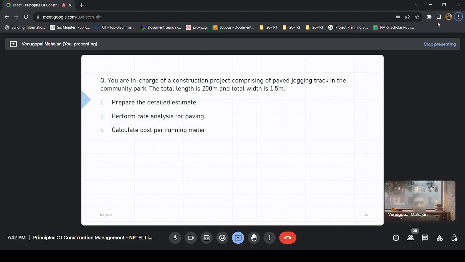So now coming to a detailed estimate question. How many of you guys are okay? Anybody who doesn't like the QTO process or making the estimates part of being a civil engineer? I get confused somewhat. Okay, we will discuss this part.